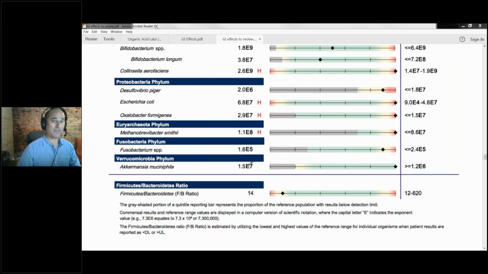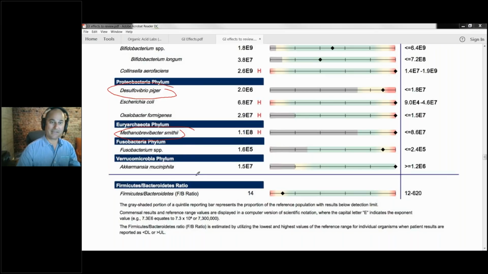So Methanobrevibacter smithii: if it's low, there's increased risk of IBD. You want to add inulin, which will help encourage the growth. So this one is inulin, this one is chondroitin sulfate, and then Akkermansia muciniphila. Again, low levels of that are associated with a high risk of diabetes.